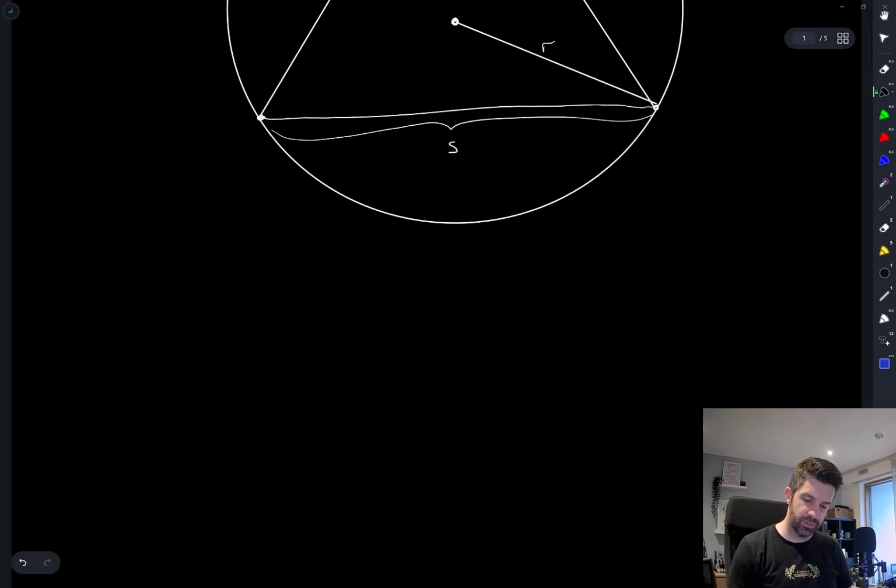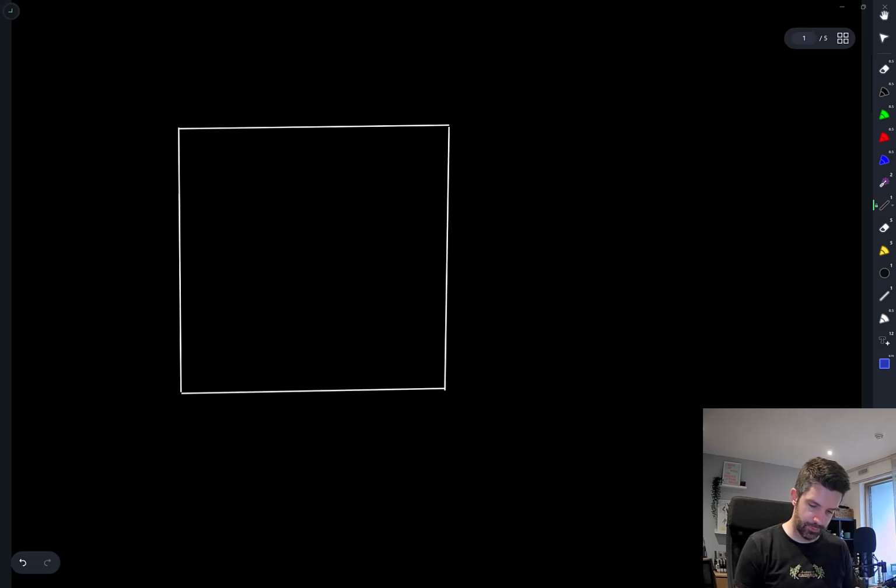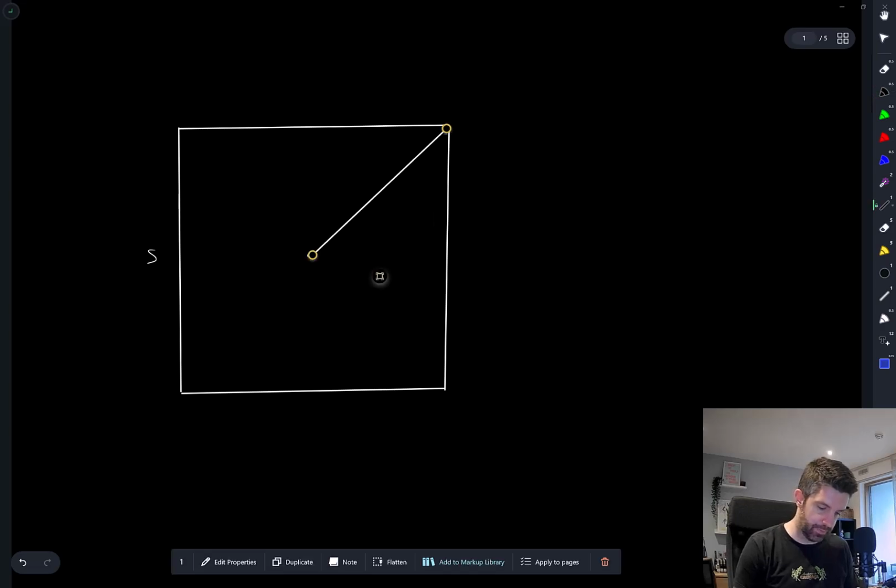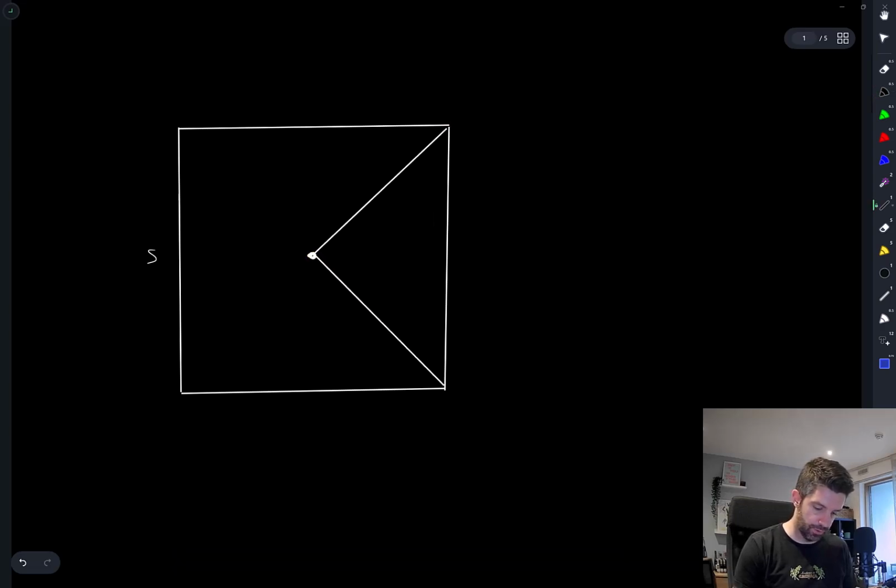If I draw the picture from above, I have a square. Of course, this has a side length of S. The peak of the pyramid lies directly over the center of the base.